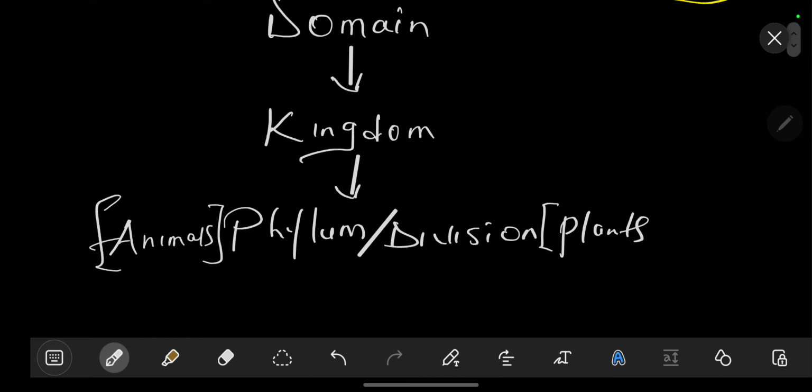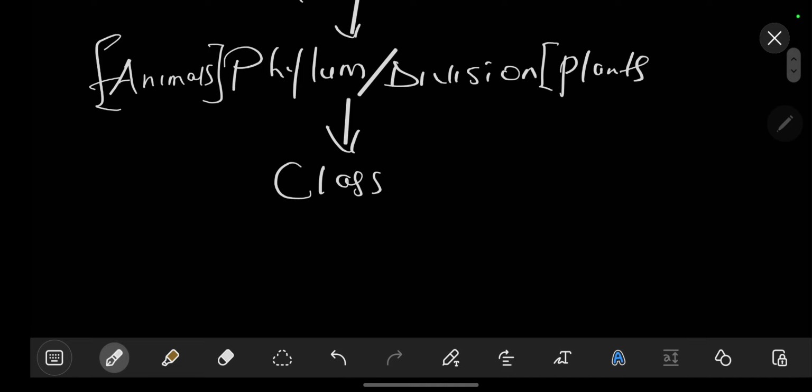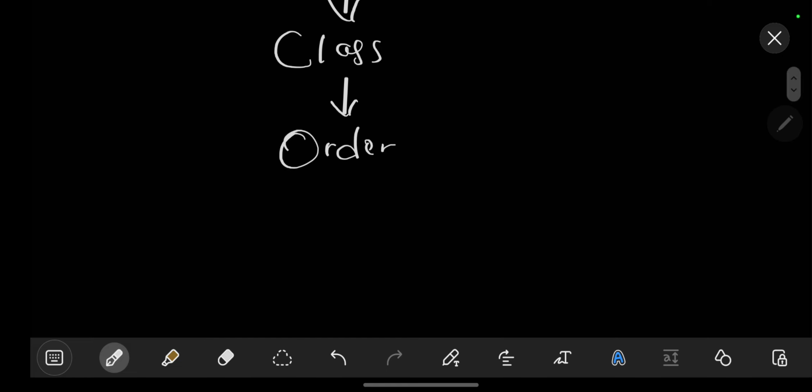Very important. Now what comes after phylum or division is what I call class. Class comes right after. Then what comes after class is what I call order. Then what comes after order is family. Family comes after order.